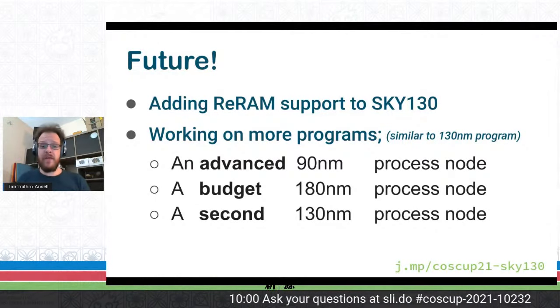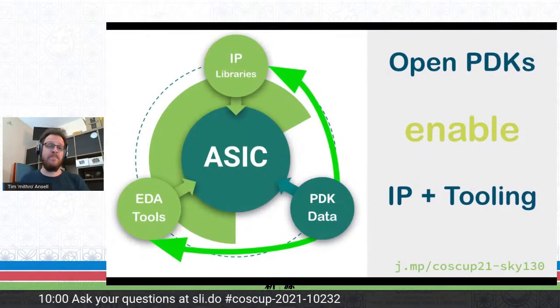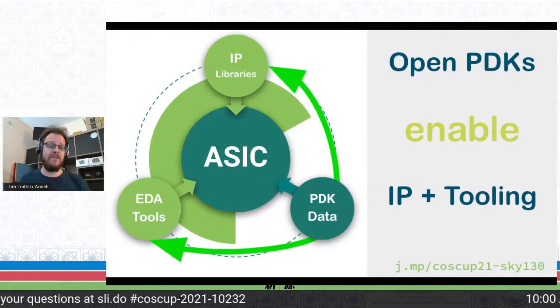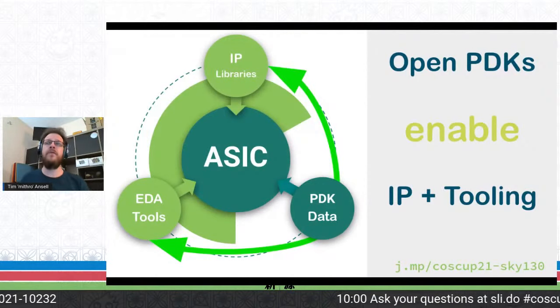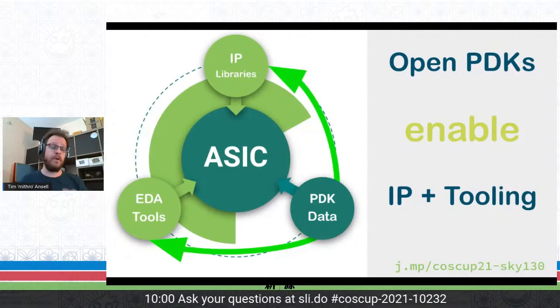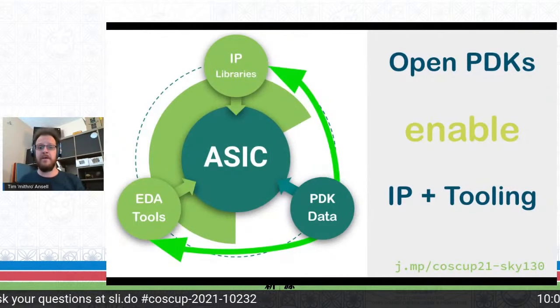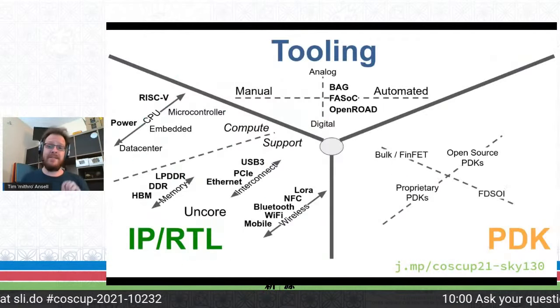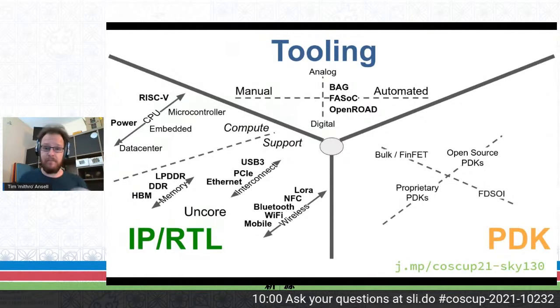And I really think that the open source PDKs enable the IP and tooling open source ecosystems to flourish in a way that they've never before. And so I'm super excited to see what's happening in both those areas. This is a map that I attempted to draw of the whole ecosystem.